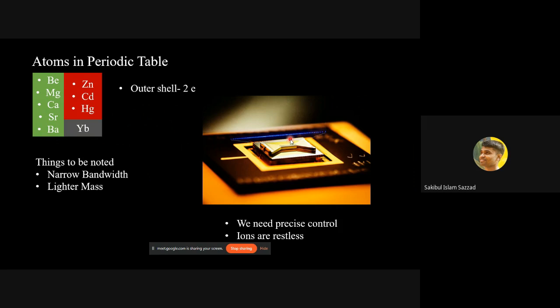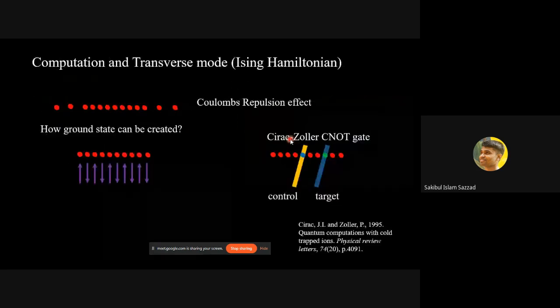The ions should be placed in a line. So now how can we do it? We have to create a ground state, like I initially mentioned. These are electrons and they have spin up and spin down positions. What is done here is that the nearby ions are opposite to each other.